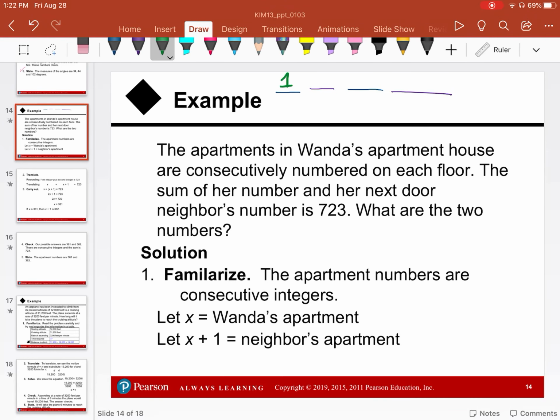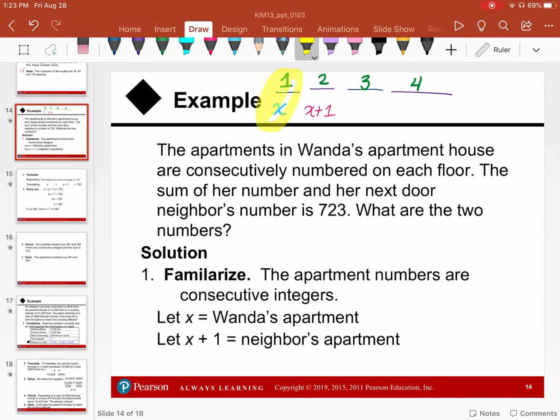We have 1, 2, 3, 4. How do all these numbers relate to one another? So let's say the first number is x. How would I get, using x, to the next number? Well, I would get to the next one by adding one more, right? x plus 1.